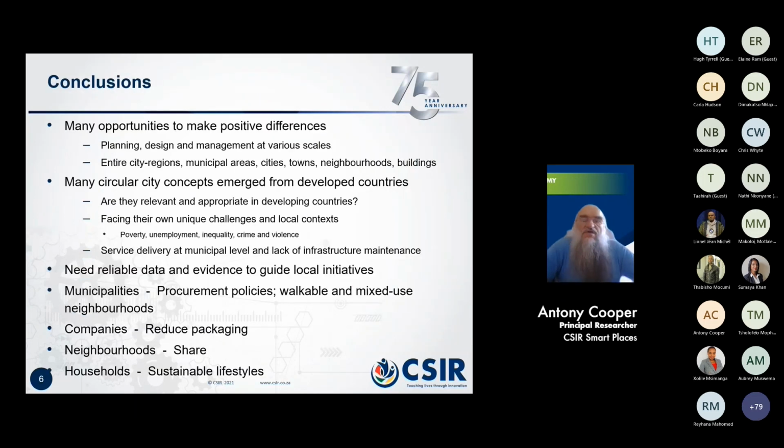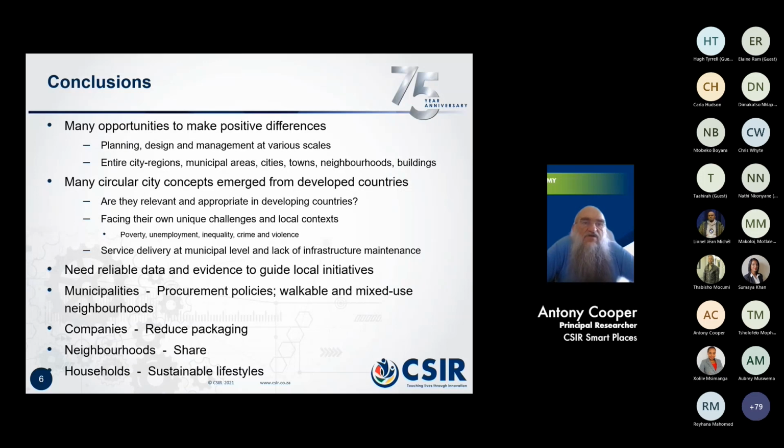And then to conclude, it's important to realize that there are many opportunities to make positive differences. Planning, design, and management at various scales are important. Entire city regions, municipal areas, cities, towns, neighborhoods, buildings. And then many of these concepts emerge from developing countries, but are they relevant for us here?